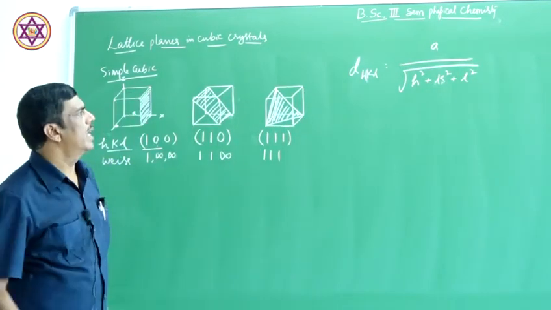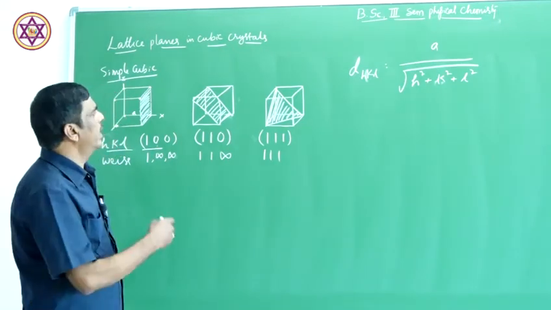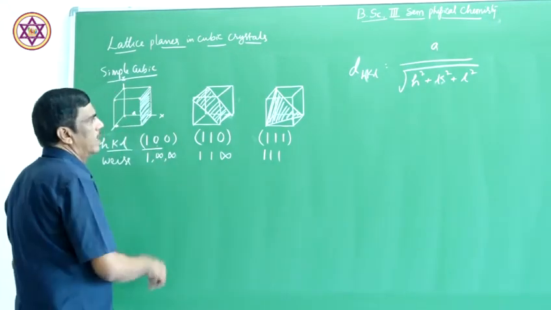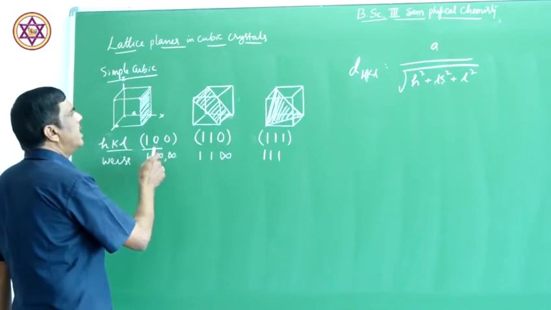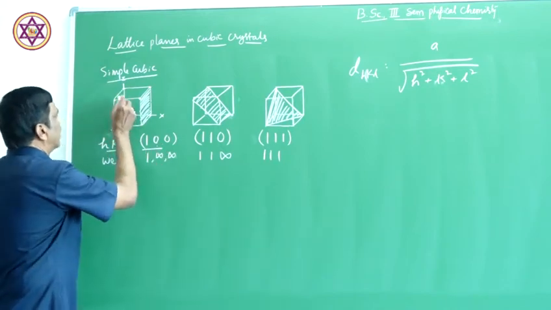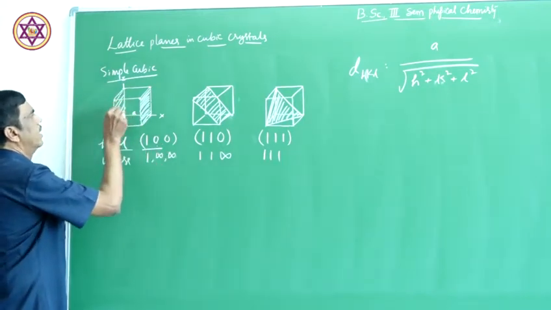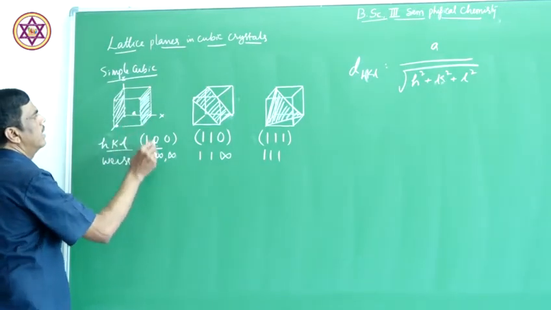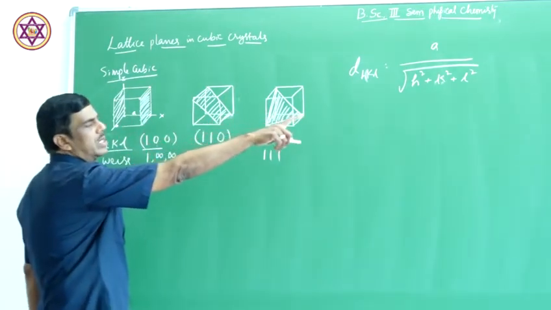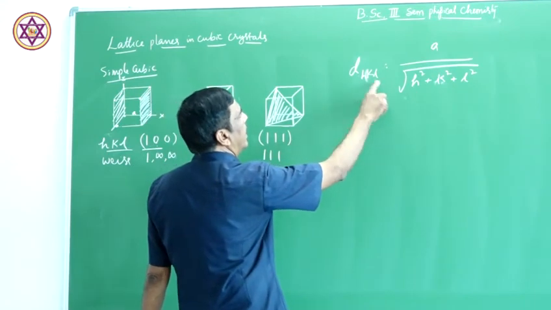We can find out the interplanar distance for different planes. For example, the distance between two parallel planes in this direction can be calculated using this equation, which can be easily derived.